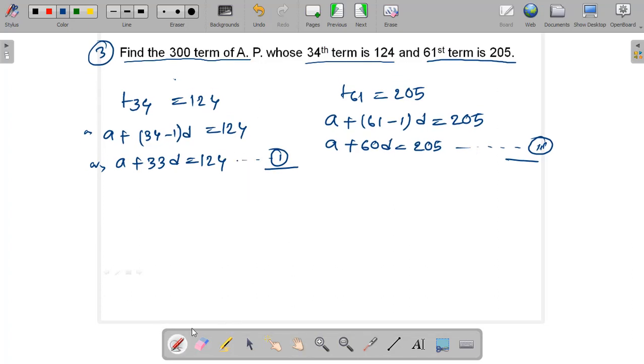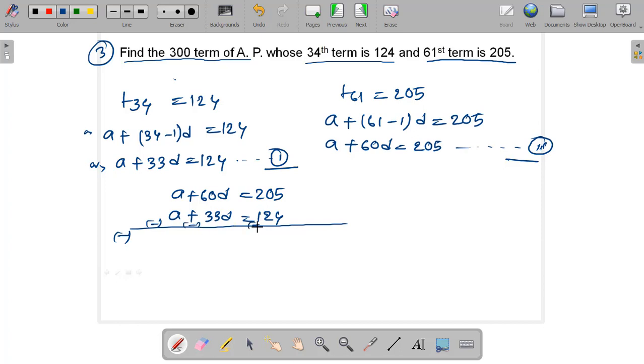So first we take the second equation, that is a plus 60d is equal to 205, and then the first equation, a plus 33d is equal to 124. Now we do minus, minus, minus, and minus.